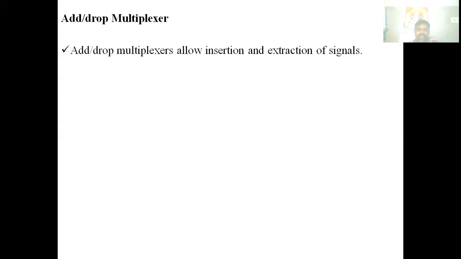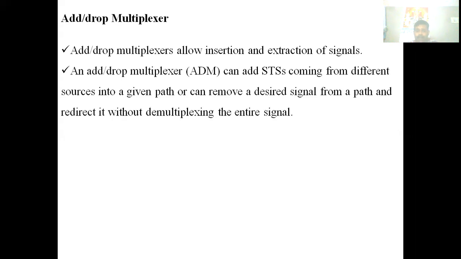Next one is add-drop multiplexer. This add-drop multiplexer allows the insertion and extraction of signals. It will place one STS signal and it can remove another STS signal. That is the function of the add-drop multiplexer.